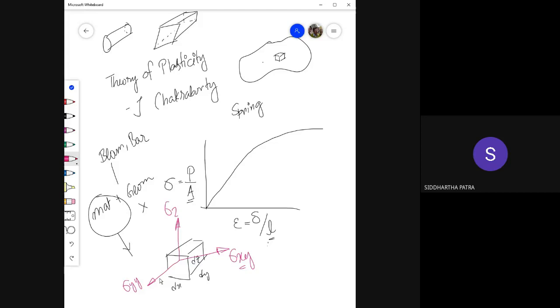Even in theory of elasticity, you assumed the material to be a continuum. So have you heard of this term, continuum? Yes, sir. Do you know what that means, continuum?